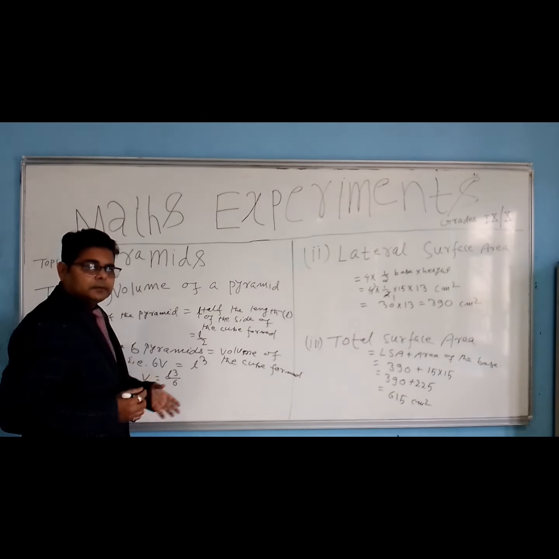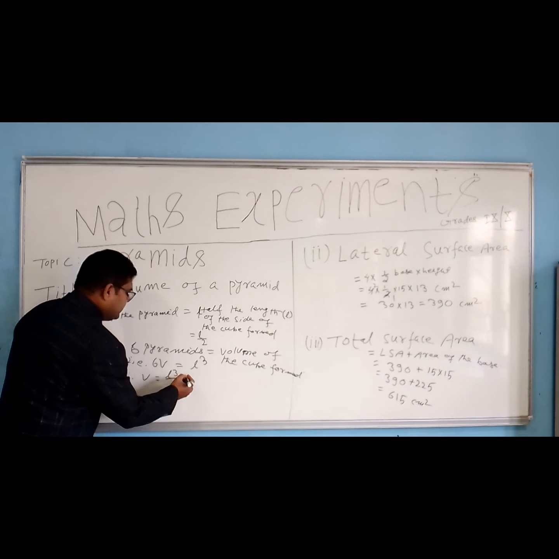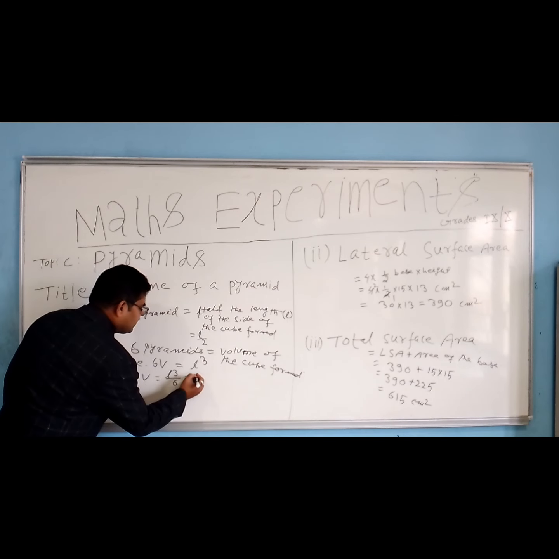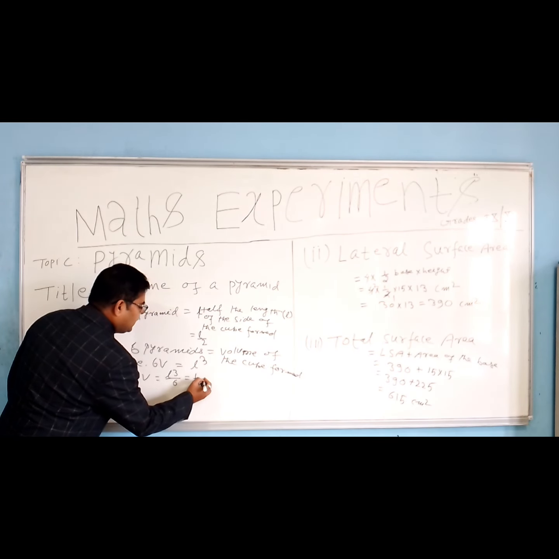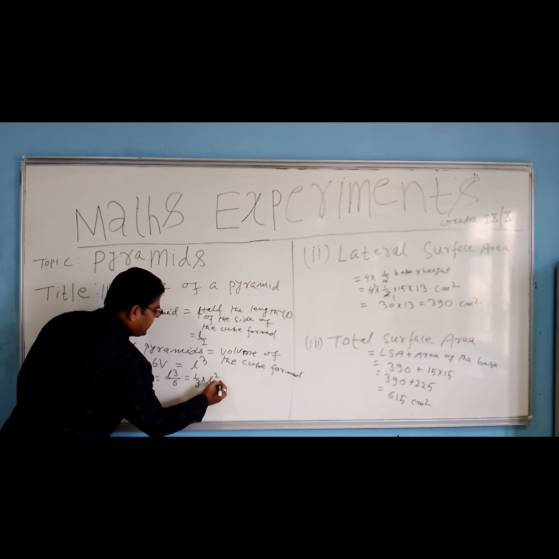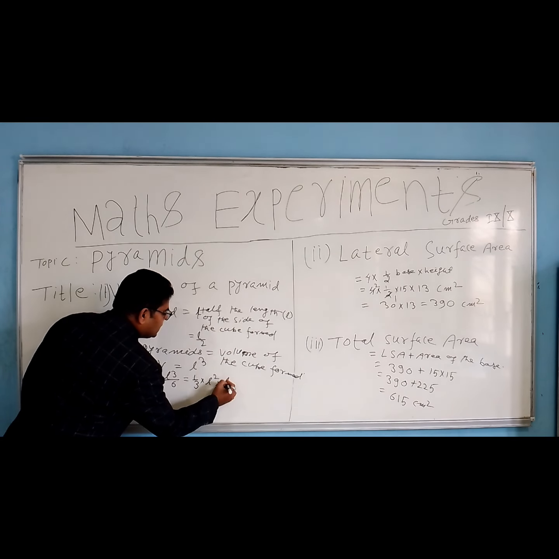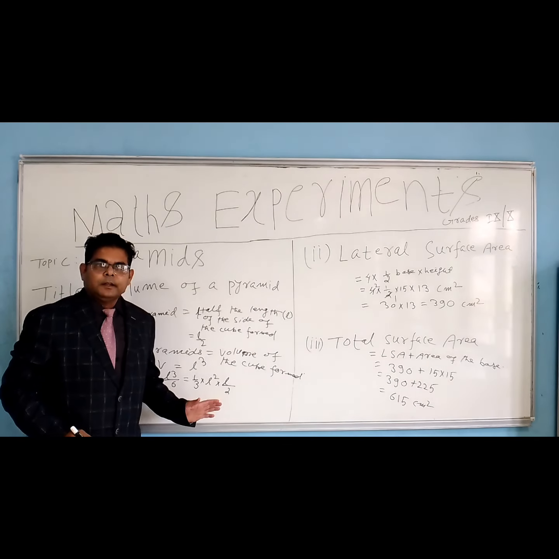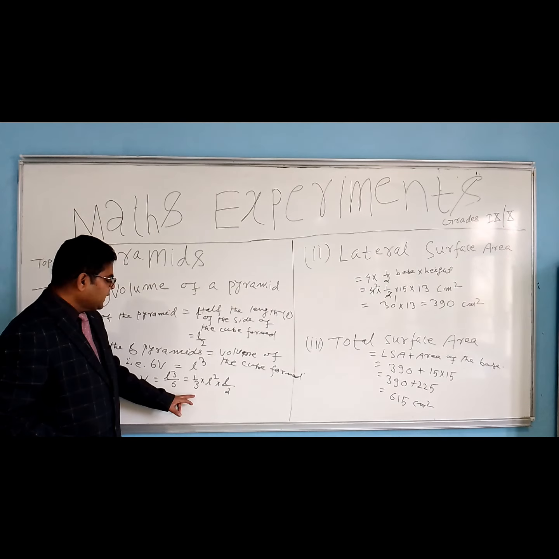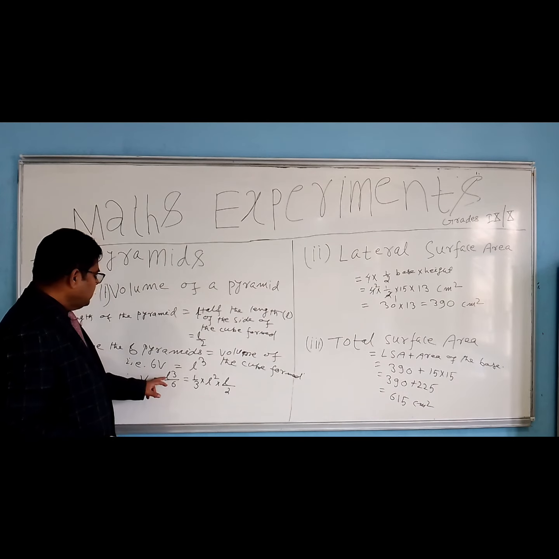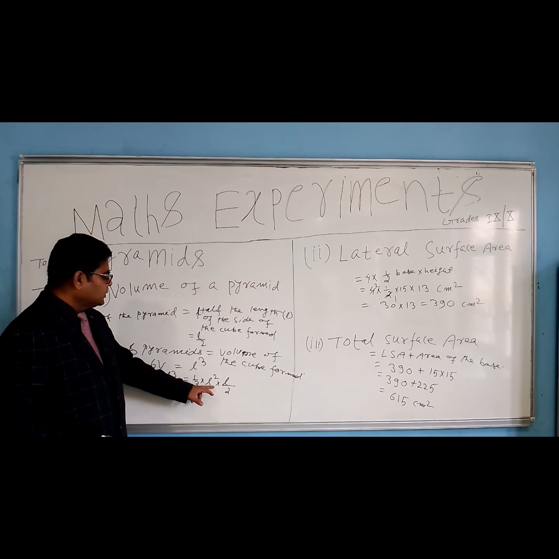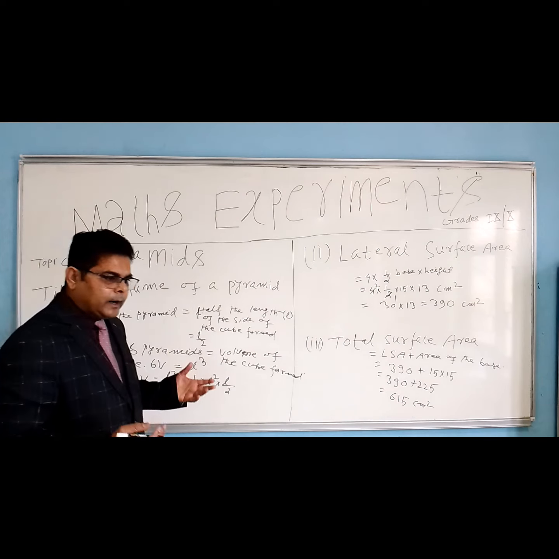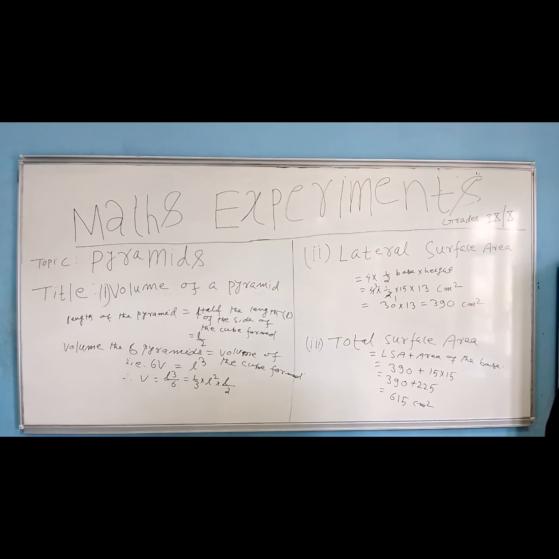So now just readjust it. Let me write here 1 by 3 and then times L square and then times L by 2. Let's check it mathematically first: it is 6, so I can write 3 times 2. Then L cube can be written as L square times L. But what I have written has a reason behind it.